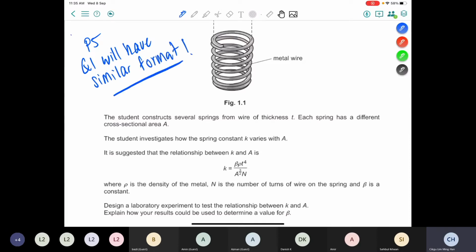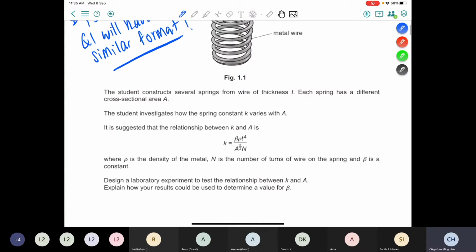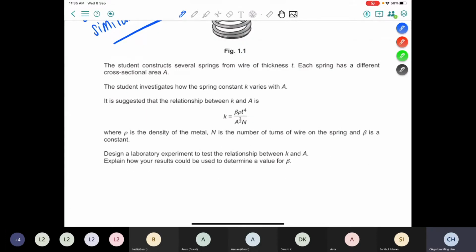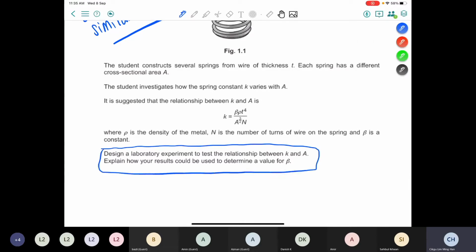What I mean by format is they will give you this statement here. This one will always be standard. You will see this kind of thing in tomorrow's paper. So I choose the paper that has a similar format as this one.